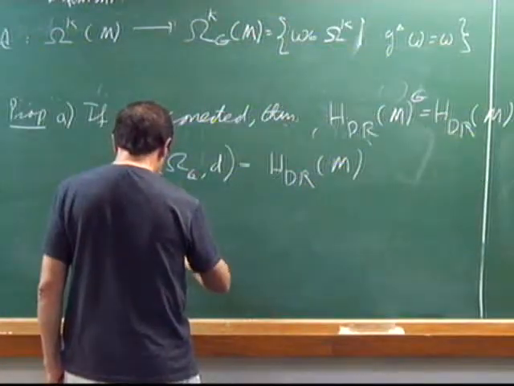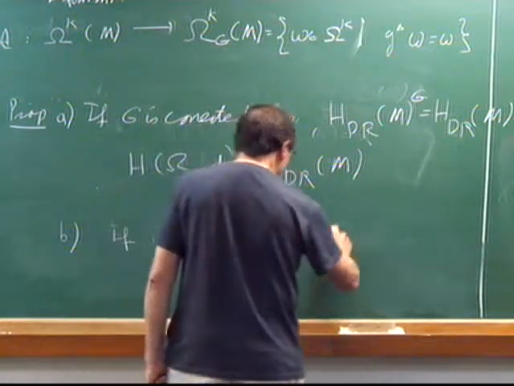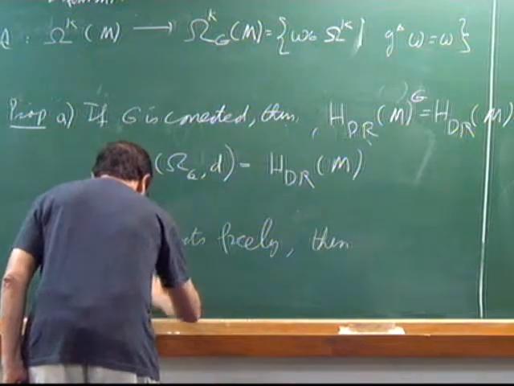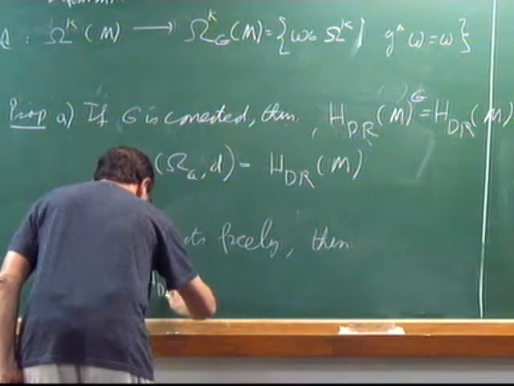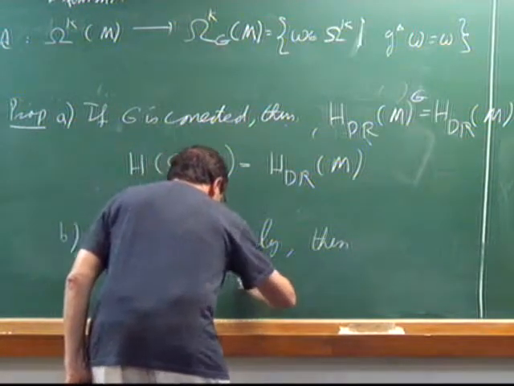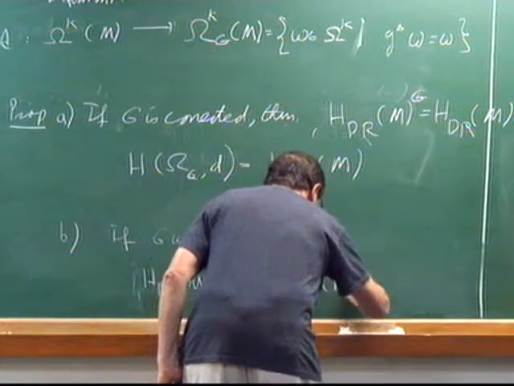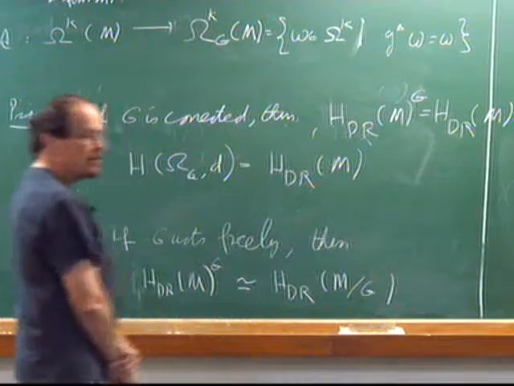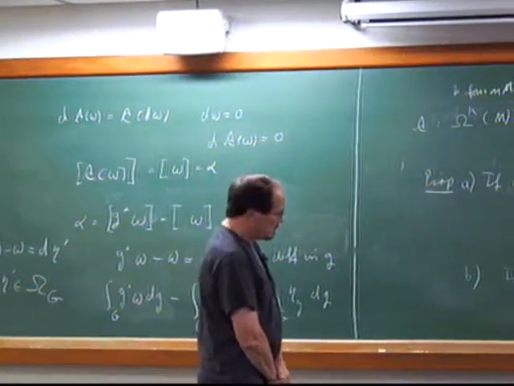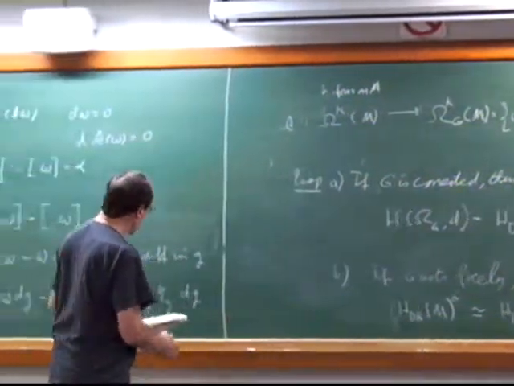If G acts freely, then the de Rham cohomology of M invariant under G is isomorphic to the de Rham cohomology of M mod G. So G-invariant de Rham cohomology is the de Rham cohomology of the quotient. Since it acts freely, the quotient is a manifold, so I can talk about de Rham cohomology of that manifold.